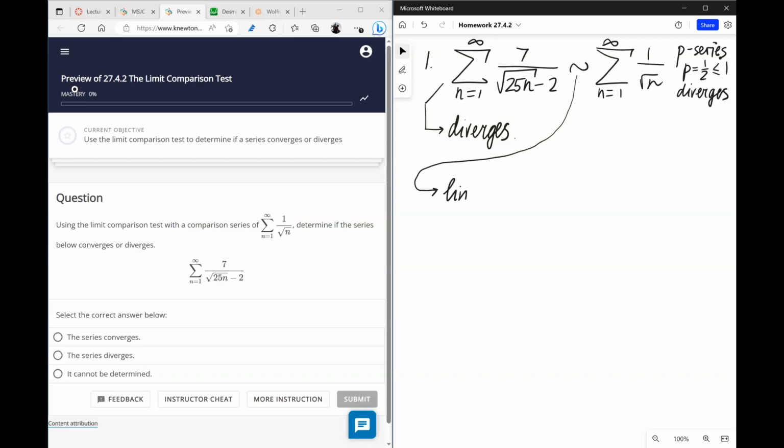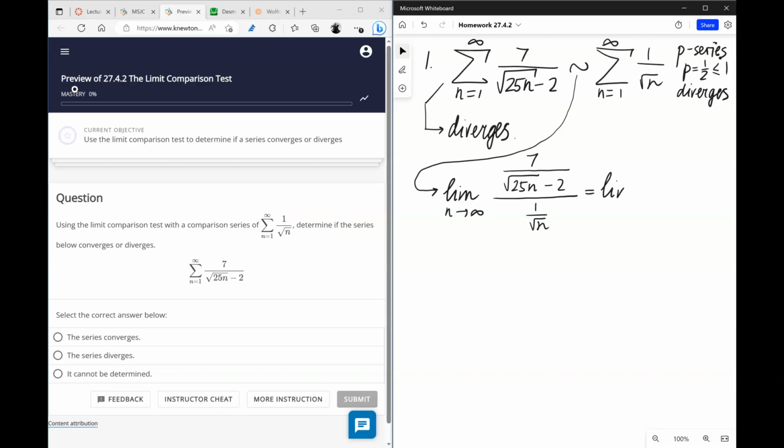Well, we're allowed to make such a claim when the limit as n approaches infinity of the general term of the original series divided by the general term of the series with which you compare it against is equal to some value L, which is not 0 or infinity.